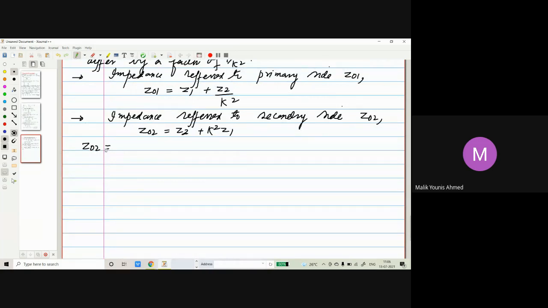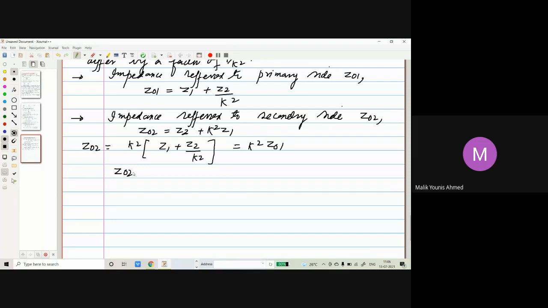We can just manipulate it, nothing else. Let me take K square common. So here I can write Z1 plus Z2 by K square. I have just taken it common; you can multiply this inside and you will get the same expression. What is this? Z1 plus Z2 by K square is Z01. You can see above, very clearly, this is Z01.